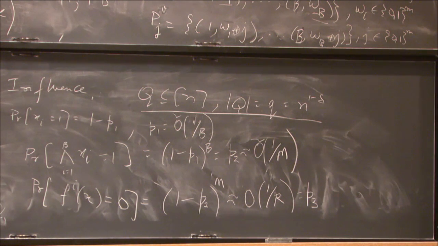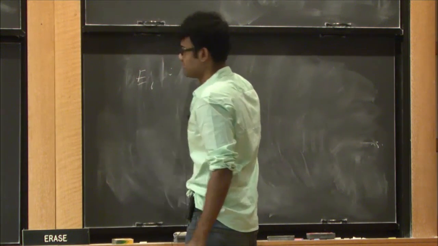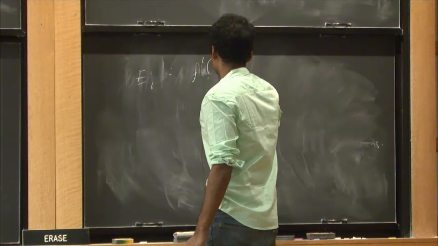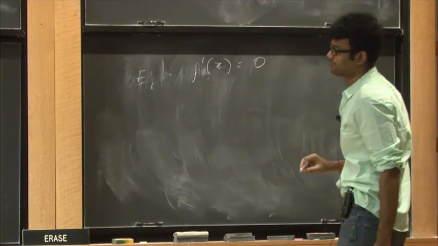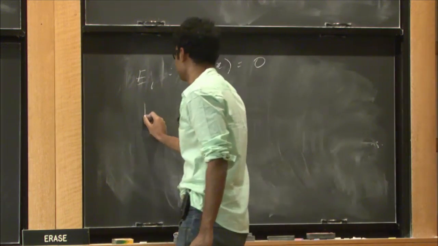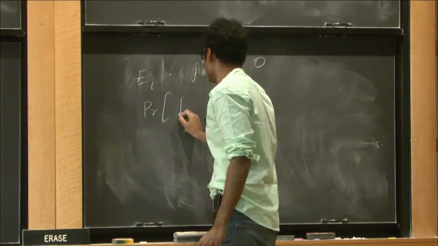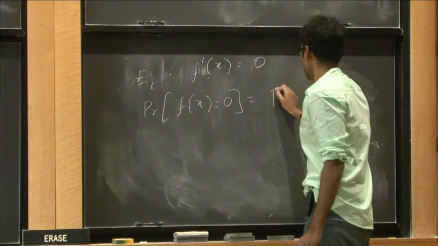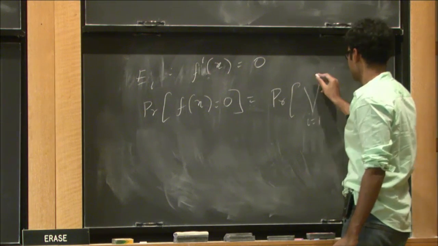Now, in the event Ei that Fi of x is 0, the probability that the final function f of x evaluates to 0 is obtained by taking an OR of all these.